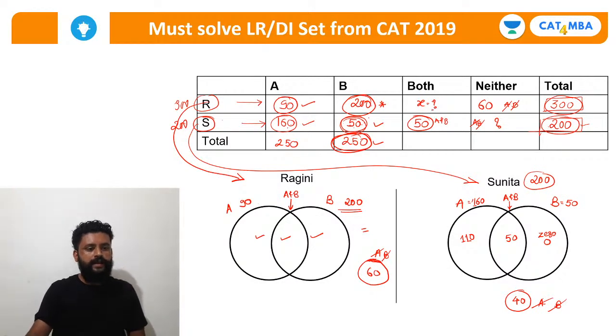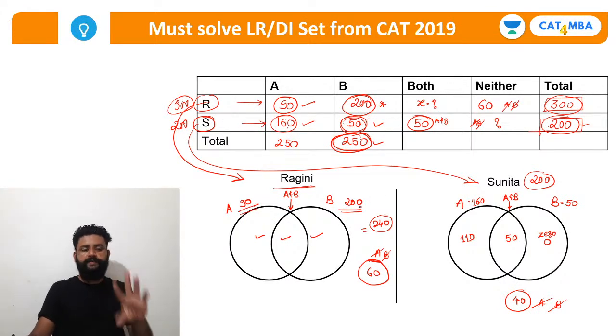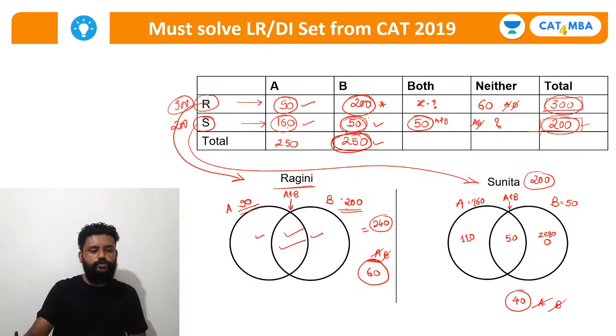Out of Ragini's 300, 60 are gone. These 60 do not support any proposal, so out of those who prefer Ragini as president, 240 people support at least one proposal. So if I add 90 plus 200, 90 plus 200 becomes 290. So this part was counted twice. This common part is counted twice. That's why it is coming 290, but actually it is just 240.